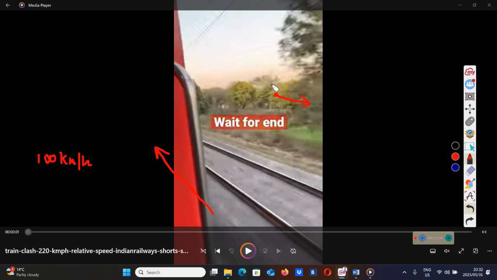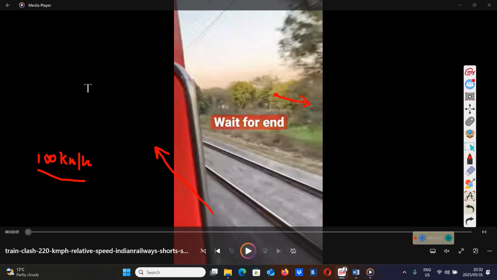The trees will appear to be moving backward with the same speed. So in this case, if we have two objects moving in opposite directions, to get the relative velocity, you just have to add the speeds of the movement.